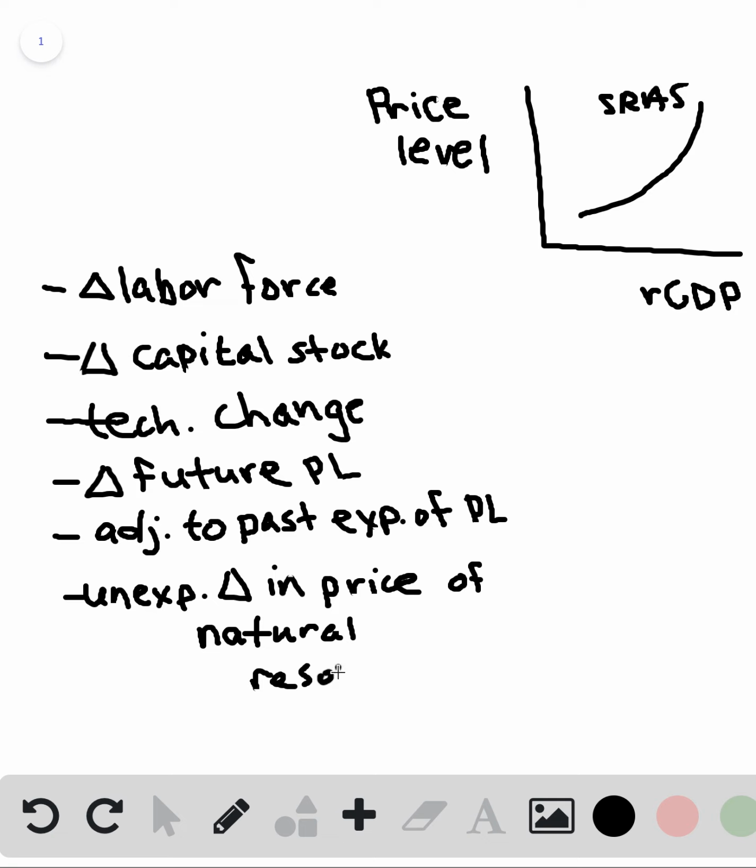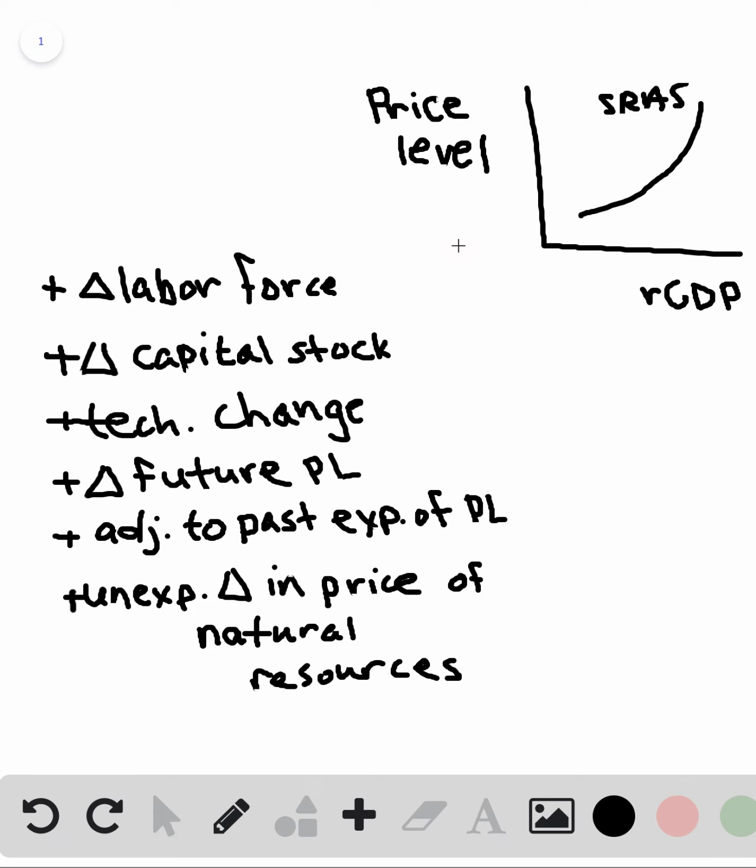Okay, cool. So we want to figure out if a positive change in these variables causes the SRAS curve to shift rightwards or leftwards. So we are going to look right here at a positive change in these variables and the SRAS curve shift.